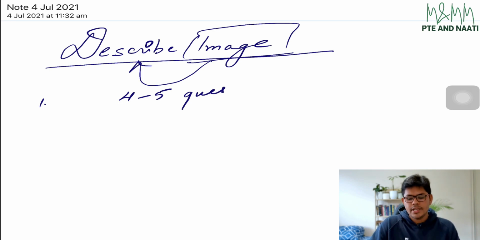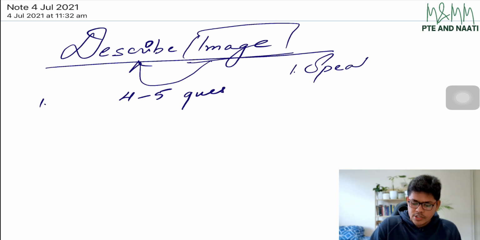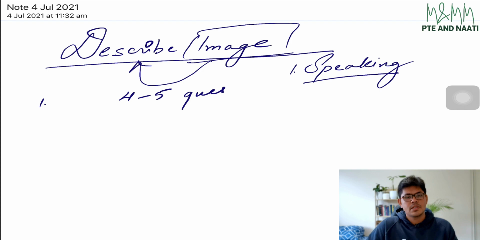And we all know that describe image is part of the speaking section. The very first section of your exam is speaking, which has 5 different types of questions. First is read aloud, second is repeat sentence, third is describe image, fourth is retell lecture, and the last is answer short questions. Now the third topic in the speaking section is describe image, which we are going to discuss today.